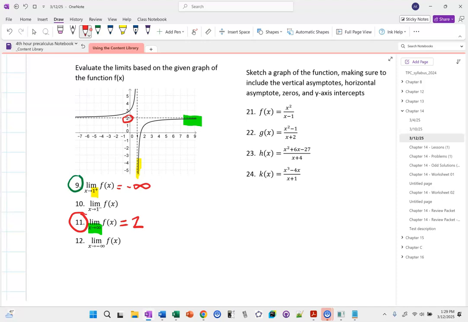It's just describing what the arrows on the graph are doing. The x part talks about where on the graph you're looking, and the y part talks about where the arrow is pointing: up, down, or to a specific value.